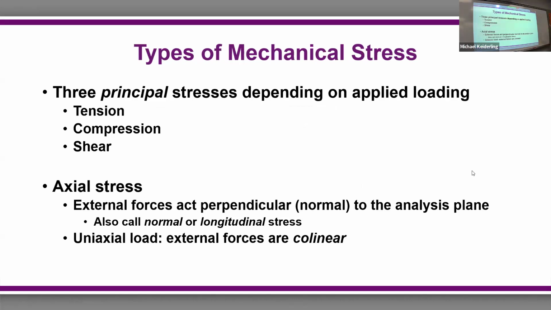There are three principal types of stress, depending on the type of force applied. They are tension, pulling, the primary stress you have on a rope.